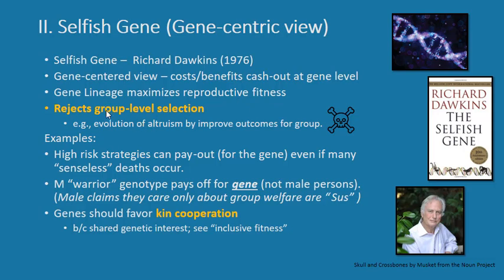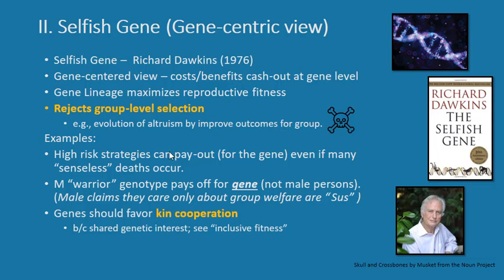One of the implications of this is that he rejects group level selection. He doesn't try to understand altruism in terms of improving outcomes for the group. He thinks that's misguided, and that anytime you have altruism, it should be explainable in terms of how it benefits the individual's genes at the individual level. So I have a little skull and crossbones here because he doesn't believe in group selection.